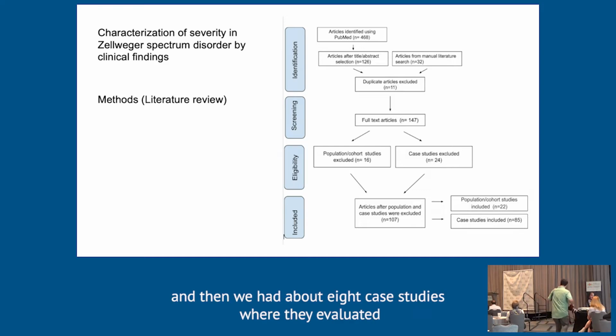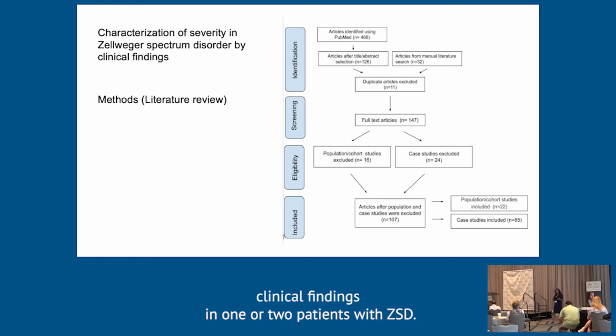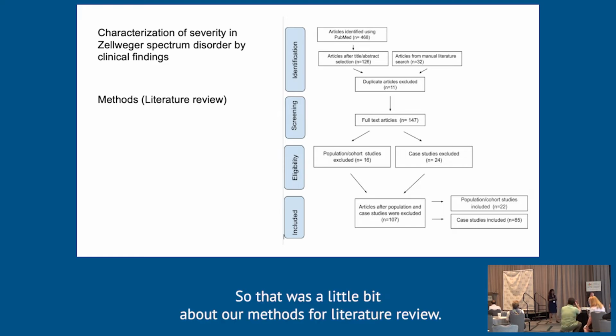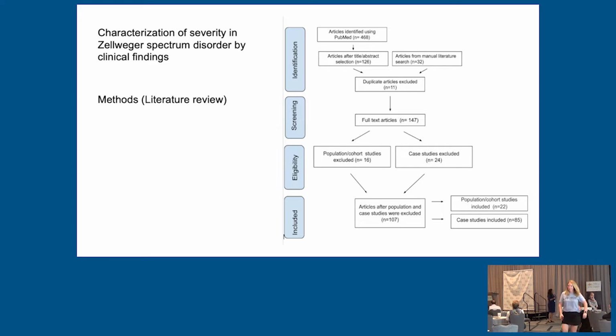And then we had about 85 case studies where they evaluated the clinical findings in 1 or 2 patients with ZSD. So that was a little bit about our methods for our literature review.